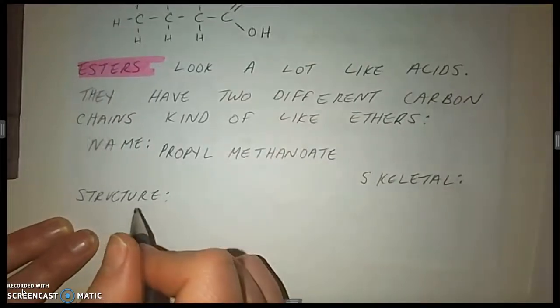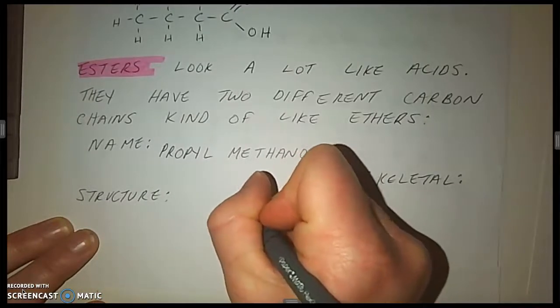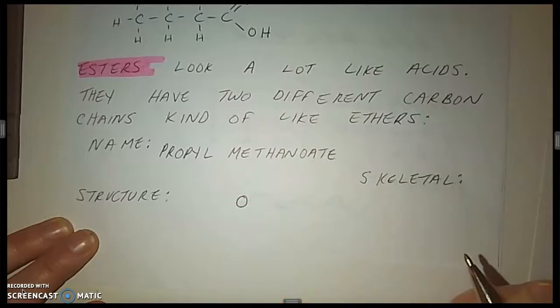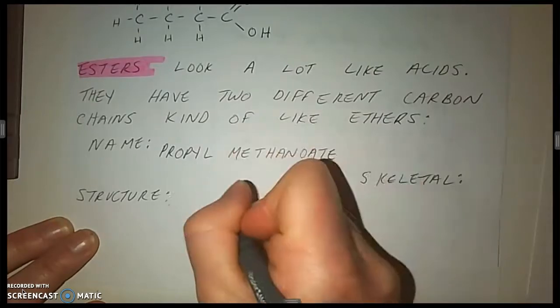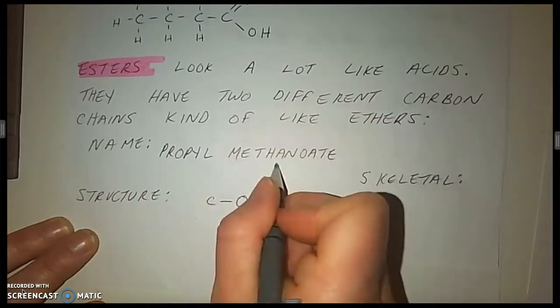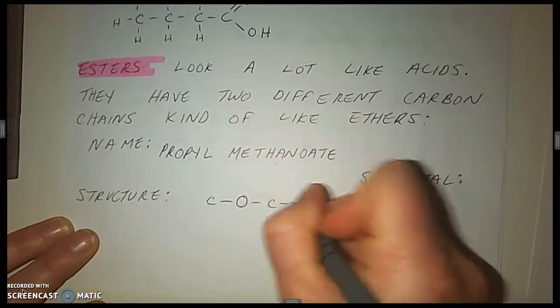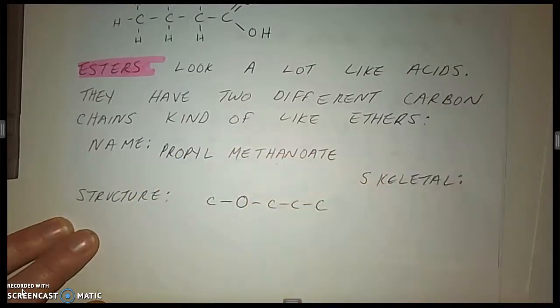So the structure of this, just like with an ether, I have an oxygen in the middle of the chain. On one side of that oxygen, I'm going to have a 1 carbon piece because of the meth right here. And on the other side of the oxygen, I'm going to have 3 carbons. 1, 2, 3.